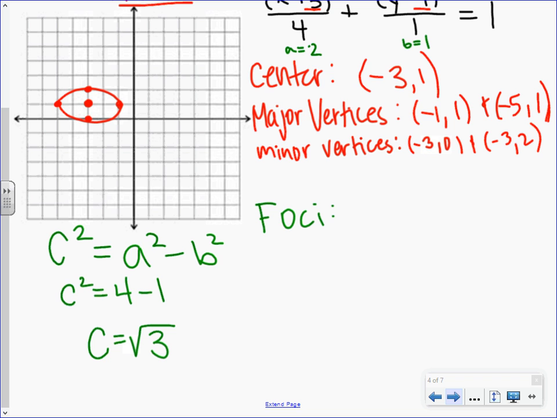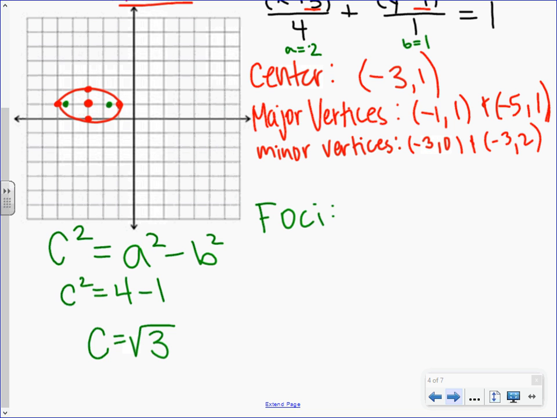So we know that radical 3 has to be in between those two. All right, so we know that this is more than 1, less than 2. Okay, we don't have a lot of room on here. We just know we need to move right and left radical 3, and radical 3 is approximately 1 point something. Okay, so I'm going to do the best to plot the foci where they go.